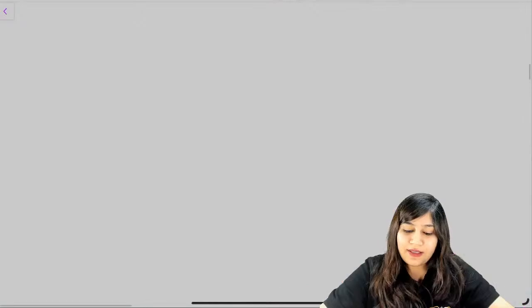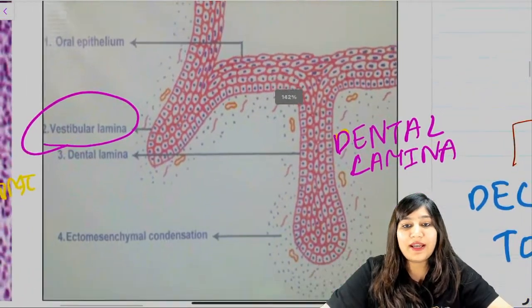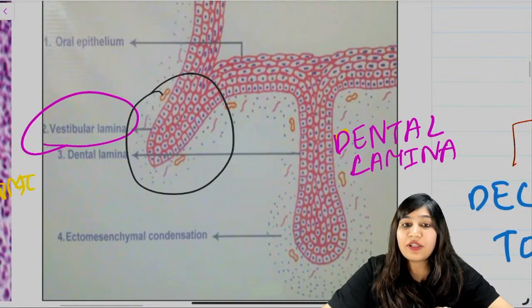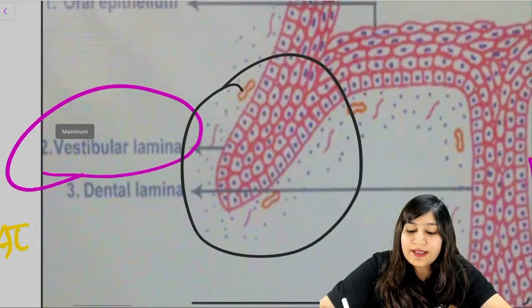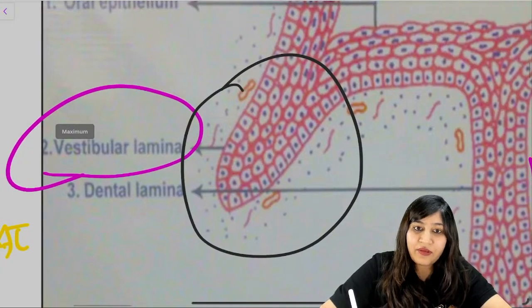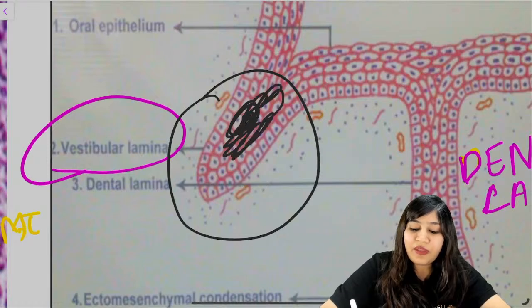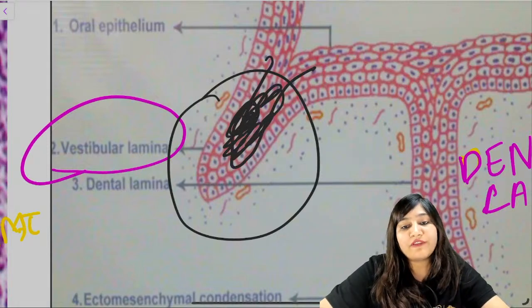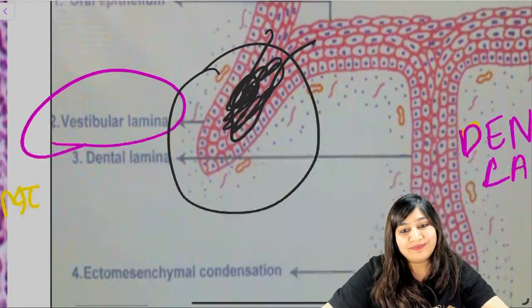So in this diagram we have already seen vestibular lamina as well as dental lamina. This buccal to the dental lamina is our vestibular lamina. These cells will enlarge, then they will degenerate, leading to the hollowing of the structure, which is known as vestibule.